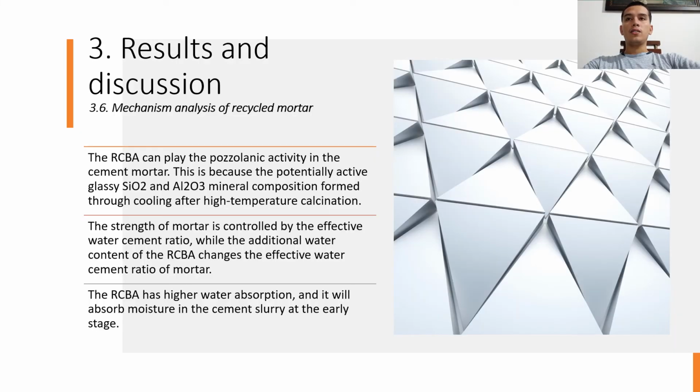Finally, in the discussion, the RCBA can play a pozzolanic activity in the cement mortar, and the strength of mortar is controlled by the effective water-cement ratio, while the additional water content of the RCBA changes the effective water-cement ratio of mortar.